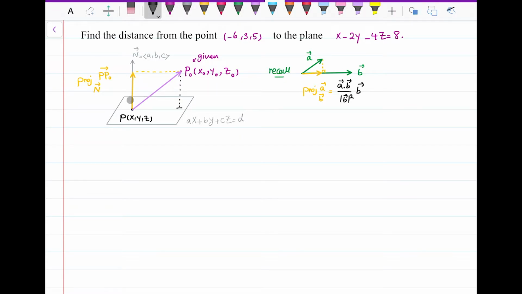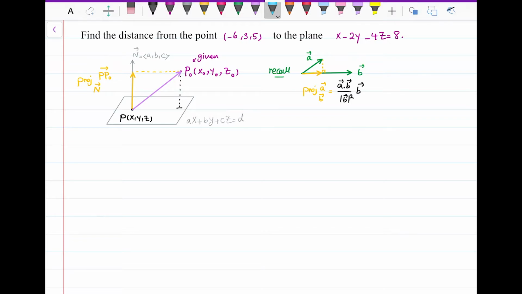Okay, now go back to the plane. If I find the length of this projection vector, the length would be exactly the distance from the point P0 to the plane.